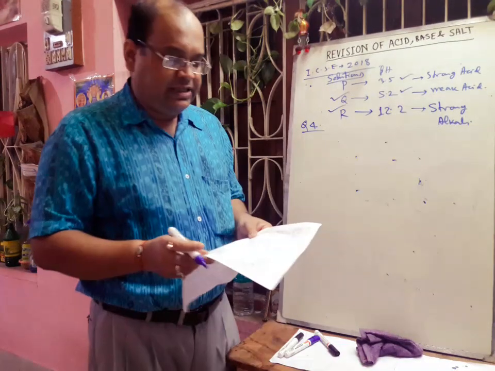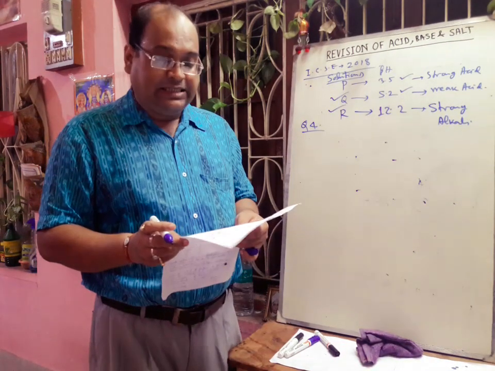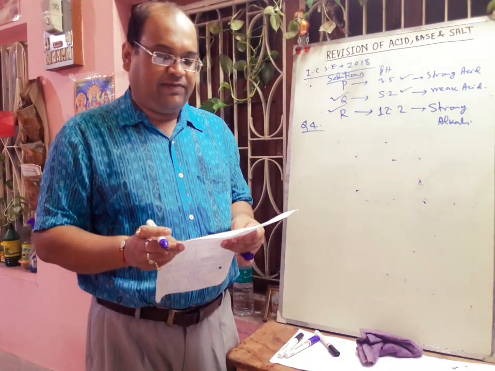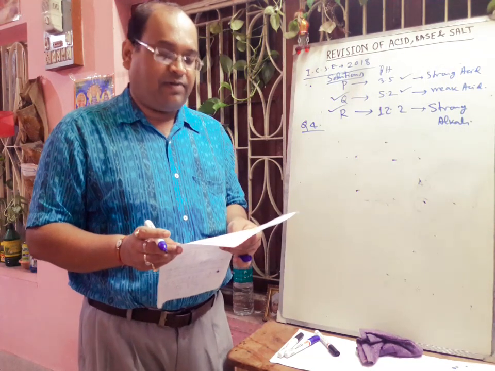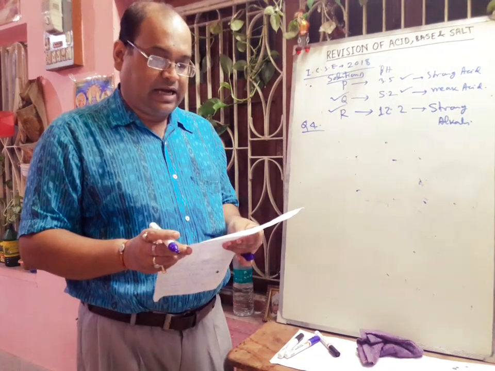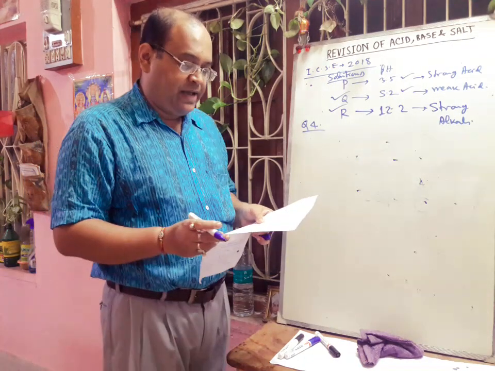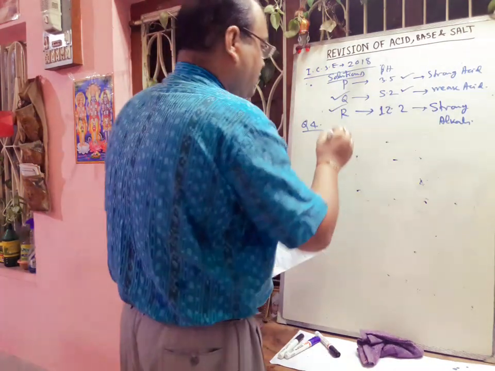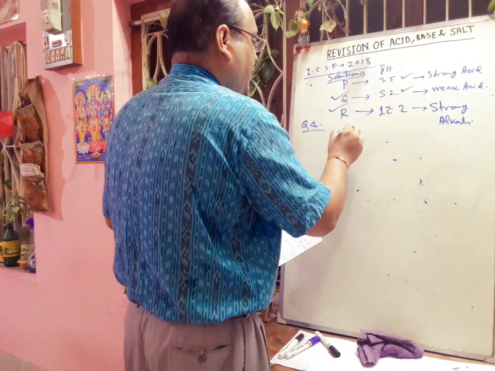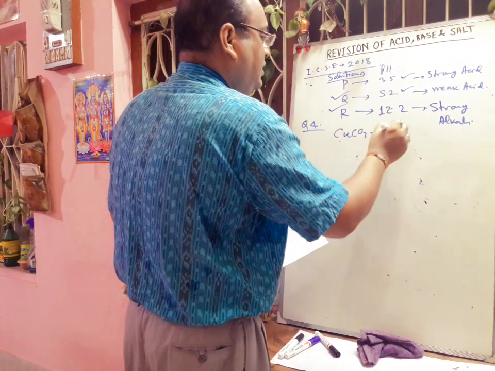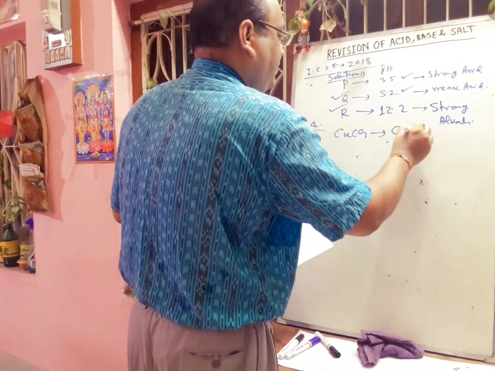Question number 4 says: write a balanced equation for the preparation of each of the following salts. So every year, questions on the preparation of salts are coming. We have to prepare copper sulfate from copper carbonate.